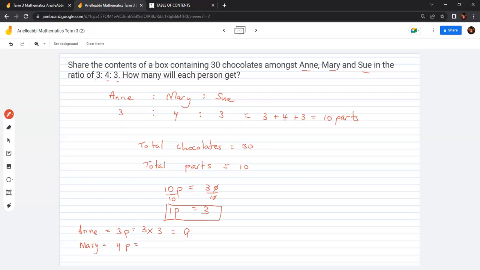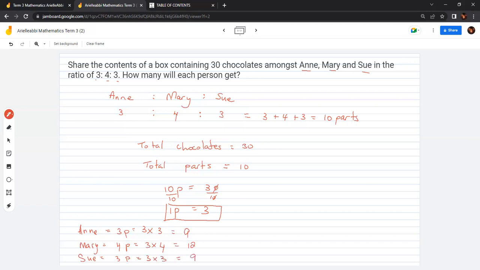So that's going to be 3, which is the value of 1 part, times the 4 to find for 4 parts. So 4 3s are 12. And then Sue also received 3 parts. So again, she got 9.